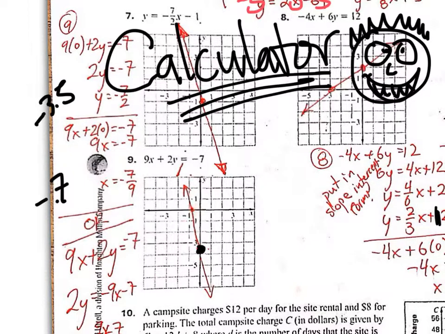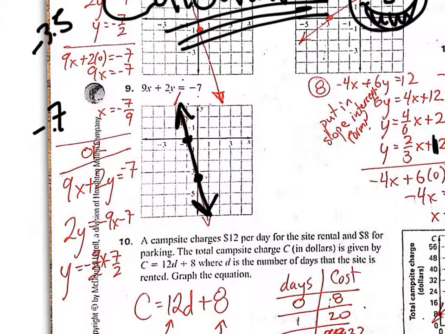So somewhere around here. And then I connected them like that. Doesn't have to be perfectly exact, but there you go. The alternative solution I show here is to put it into slope-intercept form by subtracting 9x and then dividing both sides by 2. So we have a y-intercept and a slope, and you could count the rise and the run if you'd like to. Alright, little tricky, we can do it.